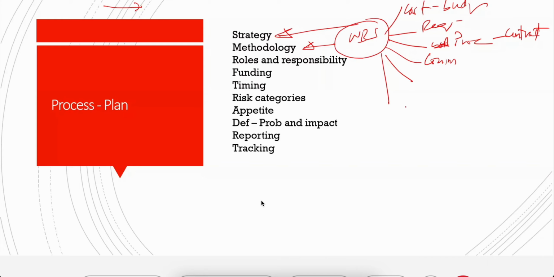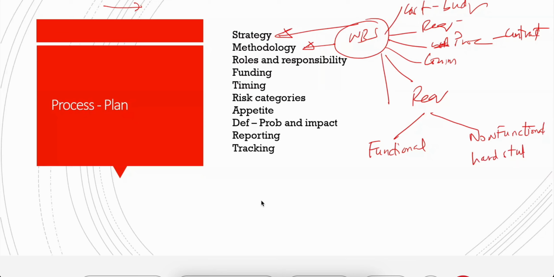Now, when we have the requirements, if you notice, requirements has two parts. The functional part, if you remember, and the non-functional part. Non-functional is the stuff that's behind the scenes, the hardware, the hard stuff, stuff that you cannot see.